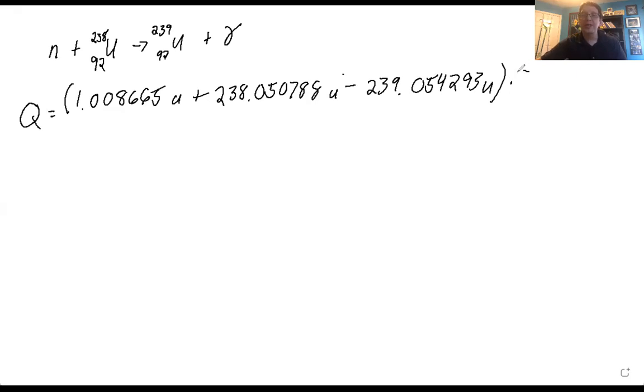So that's multiplied by 931.49, again mega electron volts per mass unit. And so what do you get for Q?